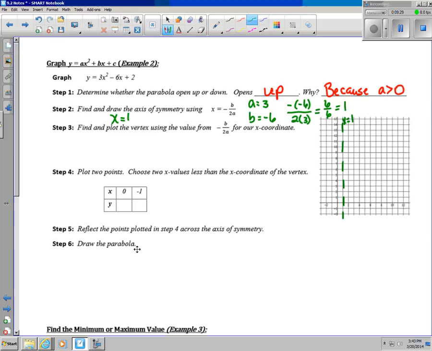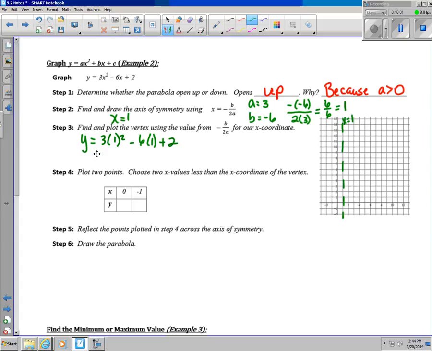Okay? Now I need to find my vertex. Where along this axis of symmetry does my vertex sit? I know it sits on it, but where does it sit? So I'm going to take my x equals 1, the value from -b over 2a, for our x-coordinate, and I'm going to solve for y. So y equals 3 times 1 squared minus 6 times 1 plus 2.